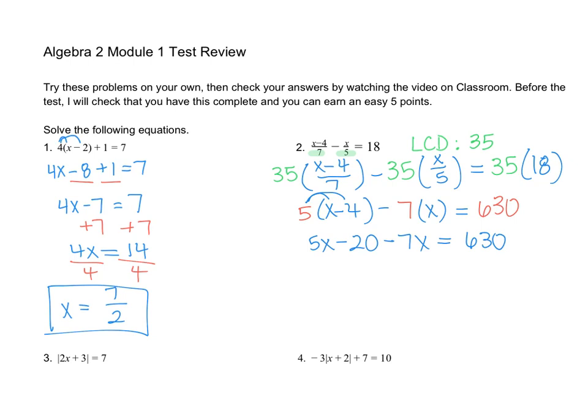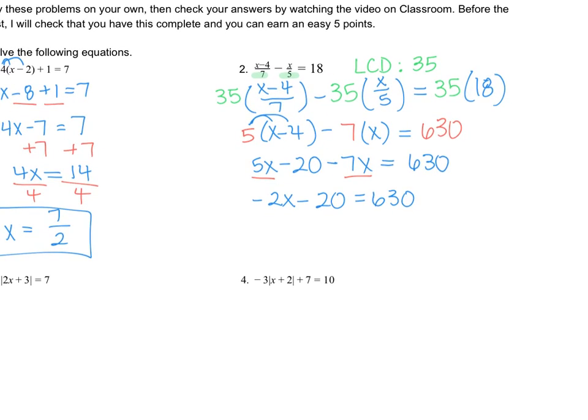I want to go ahead and combine like terms, so 5x minus 7x, which is going to give us negative 2x minus 20 equals 630. Now I want to add 20 to both sides. So we get negative 2x equals 650. And lastly, I'm going to divide both sides by negative 2.